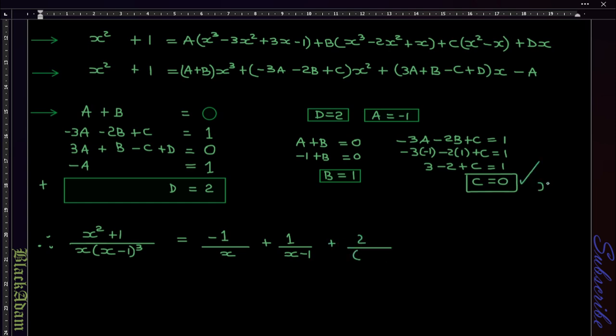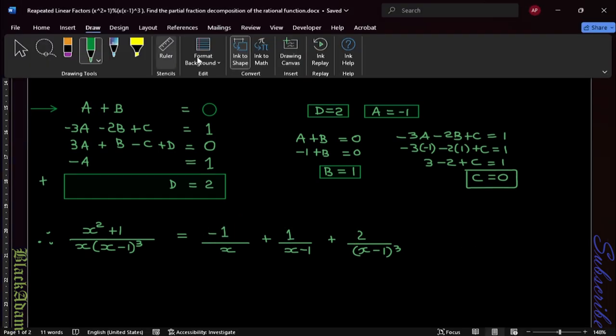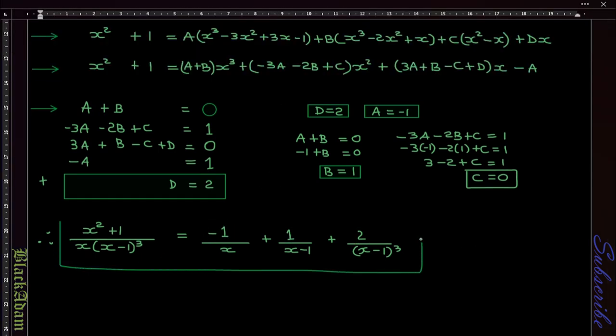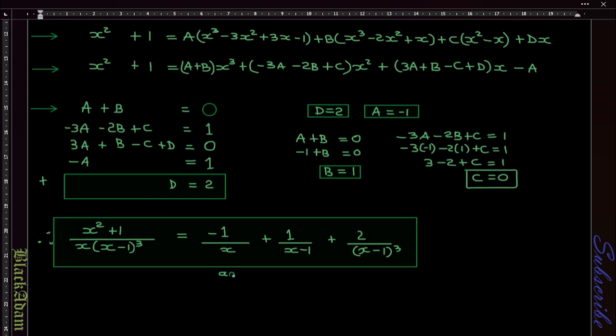Remember, c is 0, so we don't have c, so we don't have x minus 1 squared, so we only have d, which is 2 over x minus 1 to the power 3. That's a, and that's b, and that's going to be our d. So c is 0, so that fraction doesn't exist. And that's our final answer.